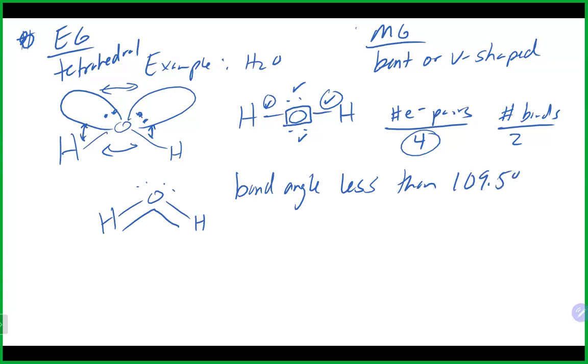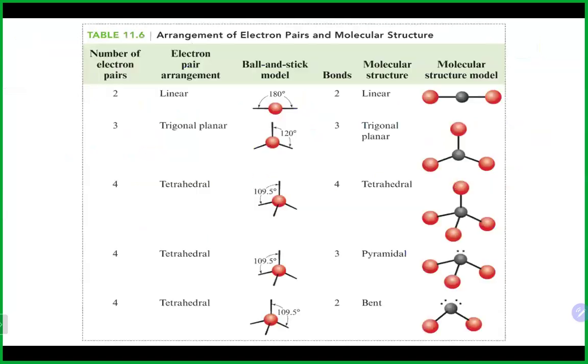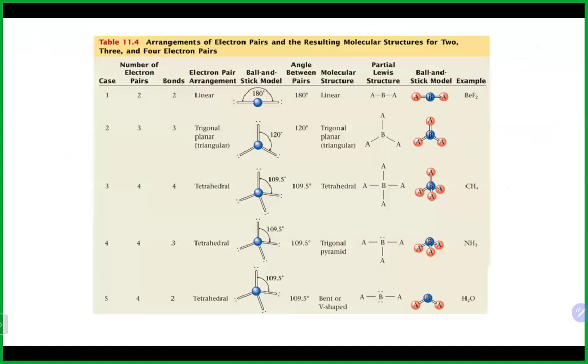Now, these are the geometries that you are responsible for. You have a table in your book similar to these tables here. Actually, similar to this one, I'm pretty sure. And again, that's our electron pair arrangement, which you do need to know. And our molecular structure, which you do need to know as well.